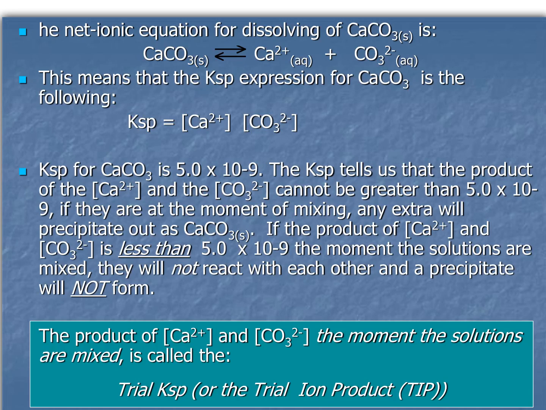So we won't be past our saturation point until we've exceeded this Ksp value. So precipitate will not form unless this times this is greater than 5.0 times 10 to the negative 9. So in order to test these concentrations at the moment they are mixed, we're really testing a trial Ksp.